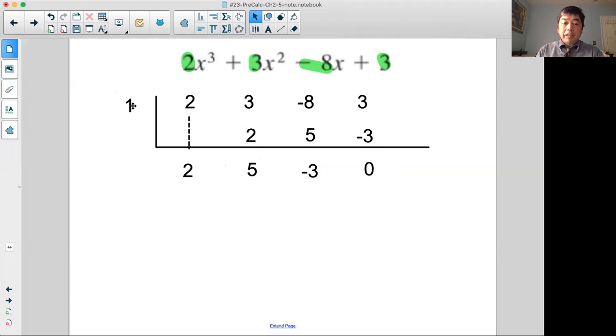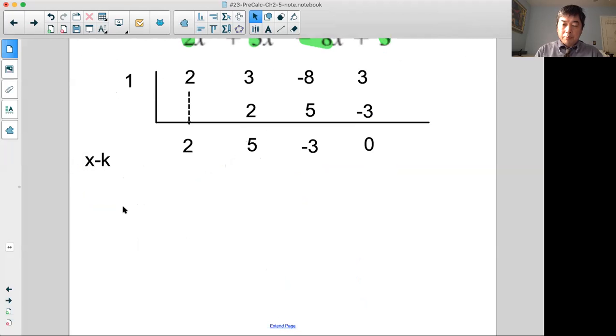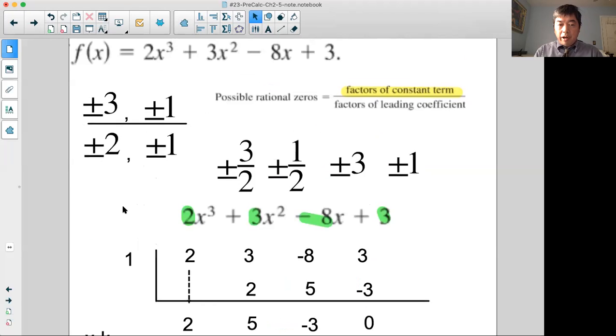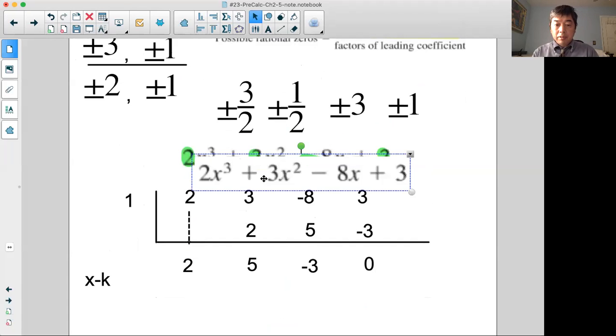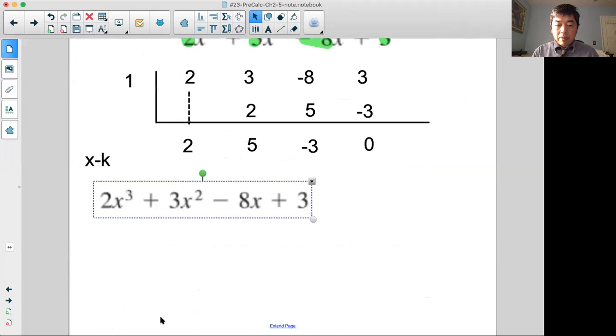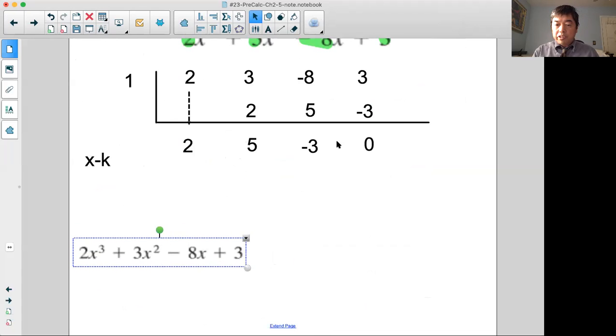This comes in the x minus k form. So you plug in this divisor to k, which is x plus 1. Now I will rewrite this one, so let's cut and paste. And this is the quotient here, right?